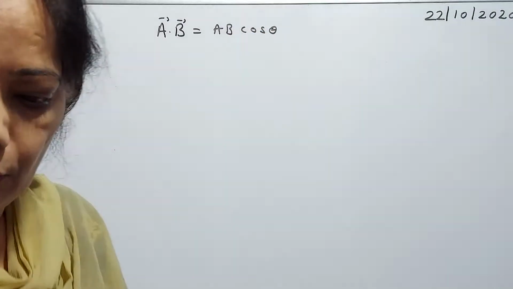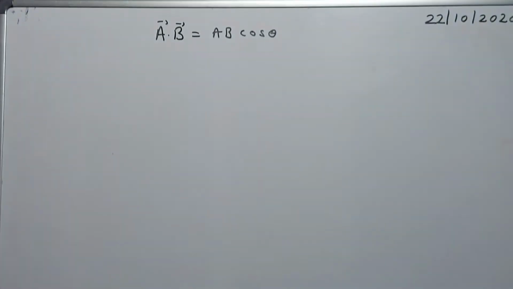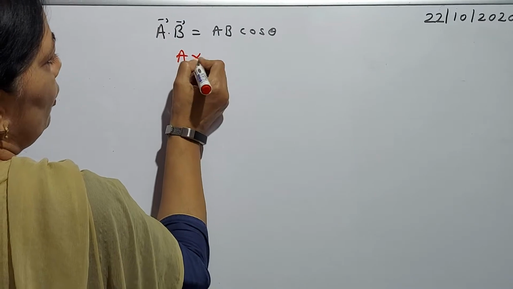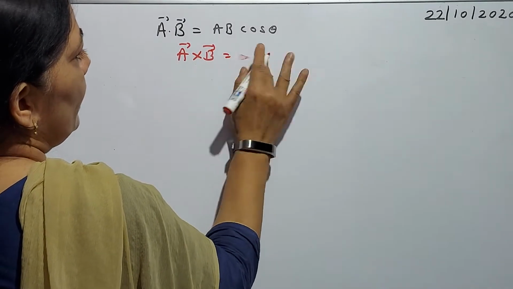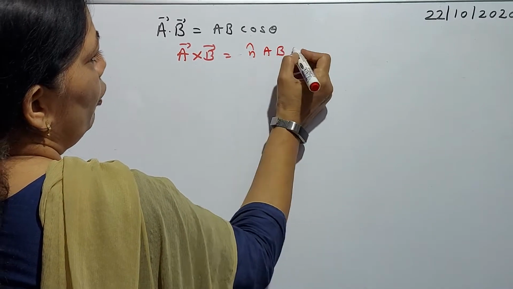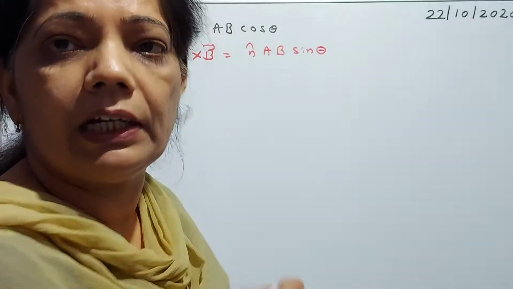But when we spoke about vector product, we did say that A cross B is equal to n cap magnitude of A, magnitude of B into sine of the angle between the two vectors, correct?